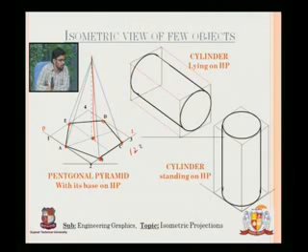This 1, 2, 3, 4 is HP, and the base of this pentagonal pyramid is lying on HP. It is a pentagonal pyramid because it has 5 sides, and these are meeting at this point, which can be denoted by O.